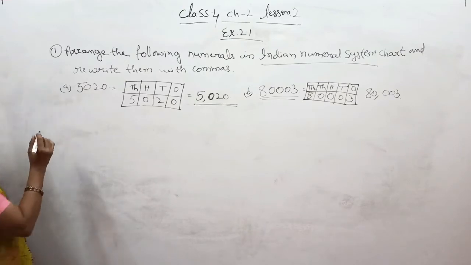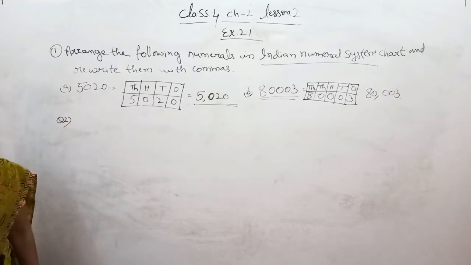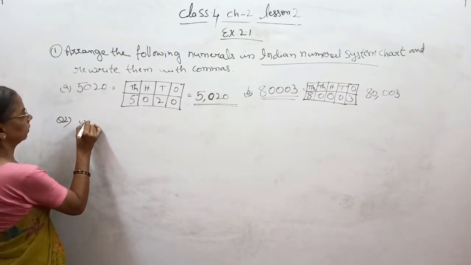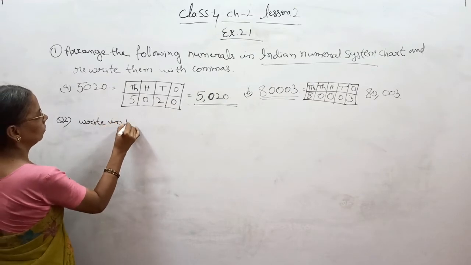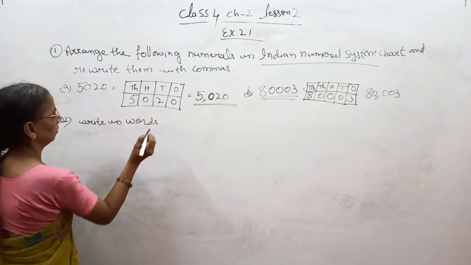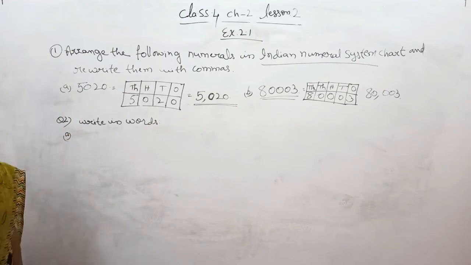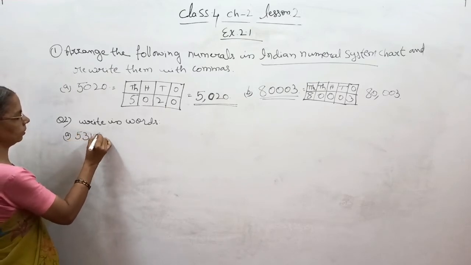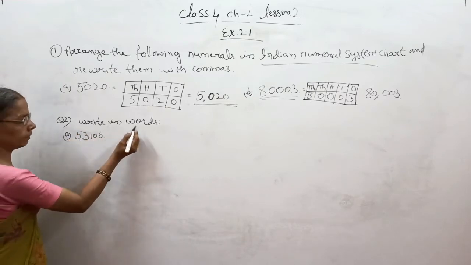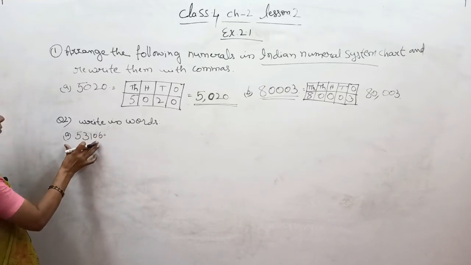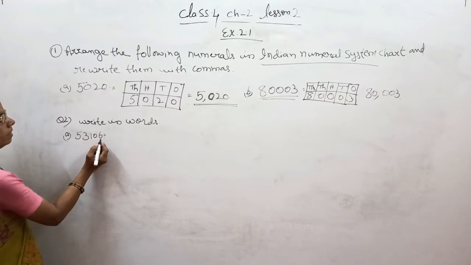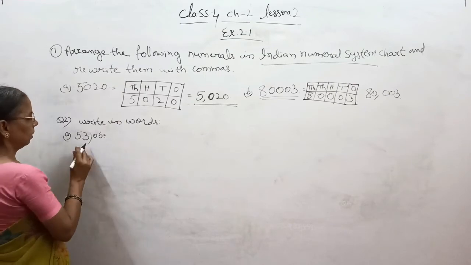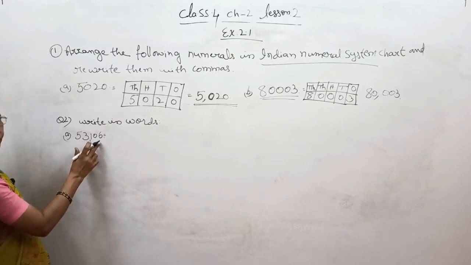Now we go to the second question: write the following numerals in words in the Indian system. The question is 53106, or 53,106. Before writing in words, we make the number easy to read: we count ones, tens, hundreds, then put the comma.